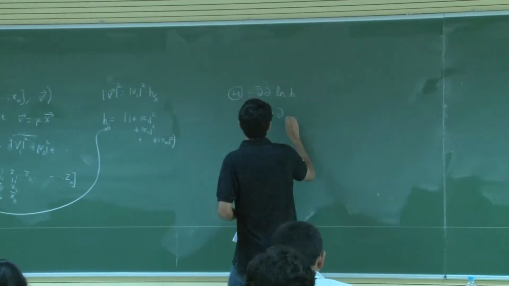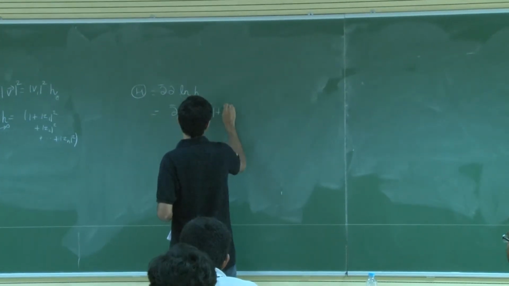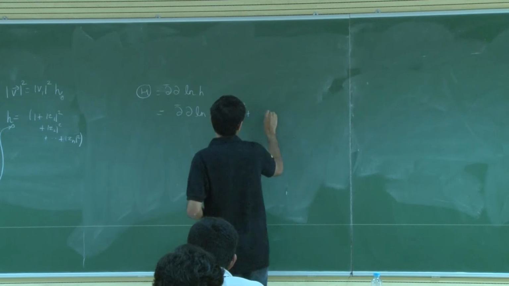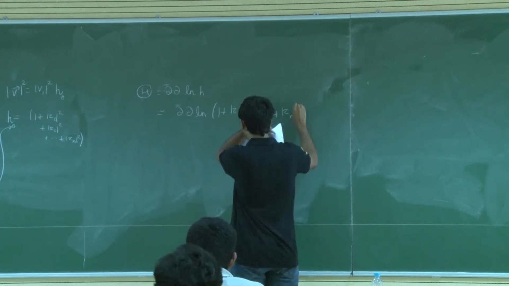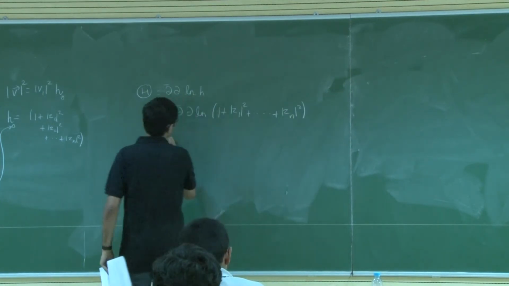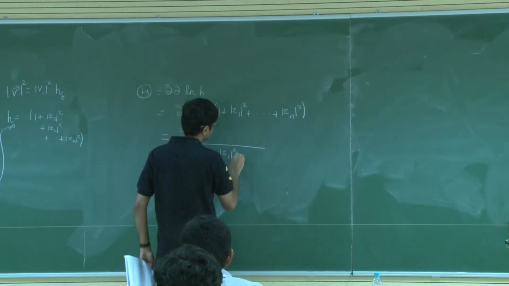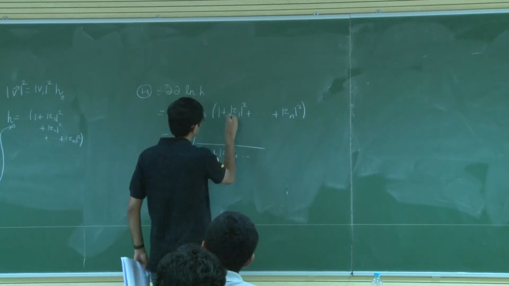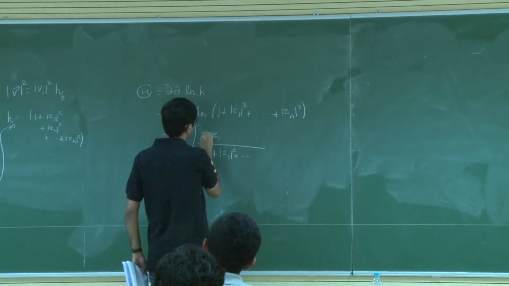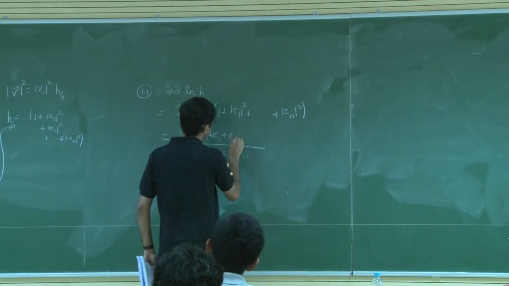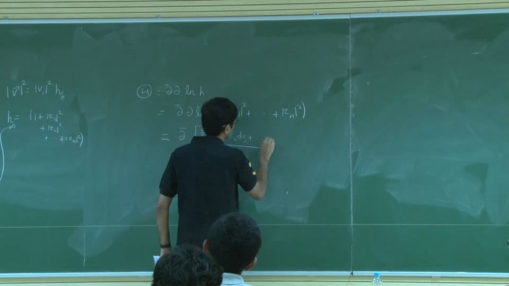So it's del bar del of log of (1 plus |z1| squared and so on plus |zn| squared). So it is del bar of this times z1 bar dz1, z2 bar dz2 and so on.